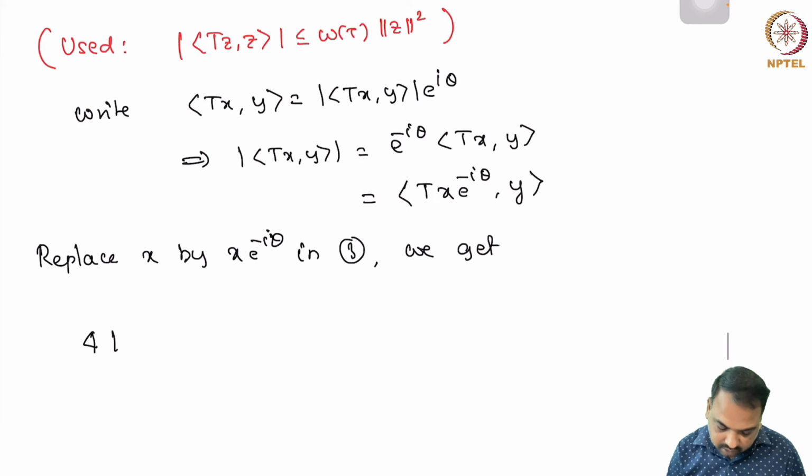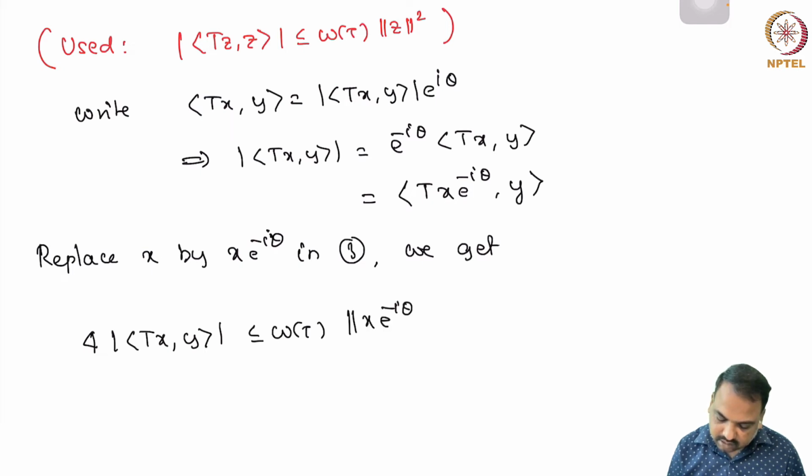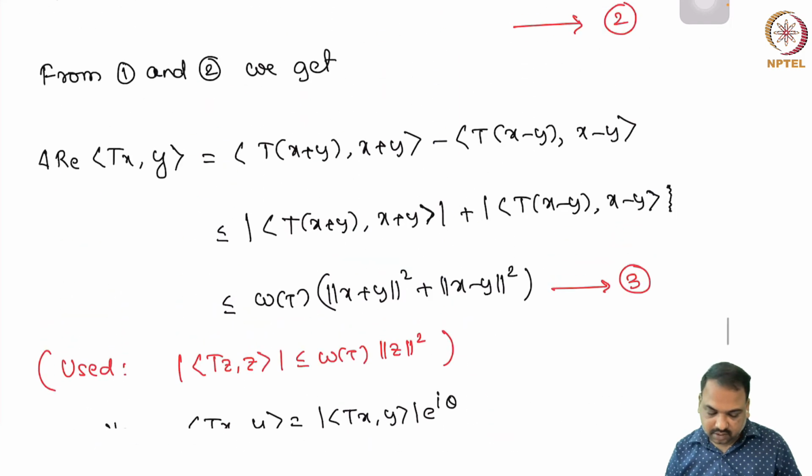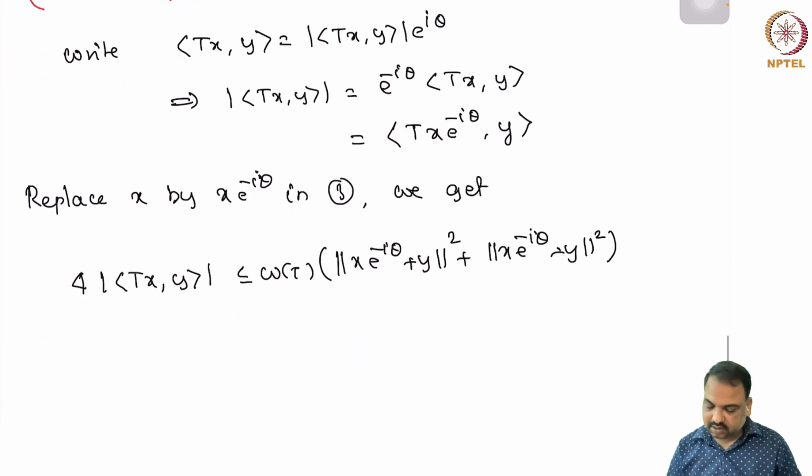You will get 4 modulus inner product Tx with y is less than omega of T times norm of x e power minus i theta plus y square plus norm of x e power minus i theta minus y square. So observe that norm of x and norm of x e power minus i theta are same, and we can actually get the same inequality whatever we have written here.